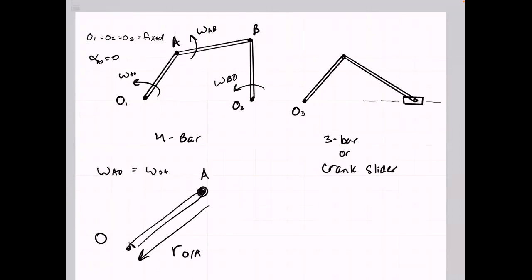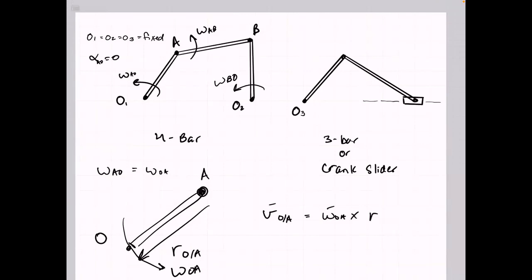Saying that we are going to be rotating around this point with some omega OA, we now have a velocity of O with respect to A equal to omega OA times R O with respect to A. The only change here is the direction of, well, we'll use the vector form from now on. So omega OA crossed with R O with respect to A.